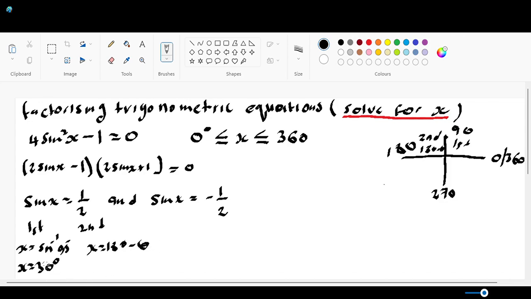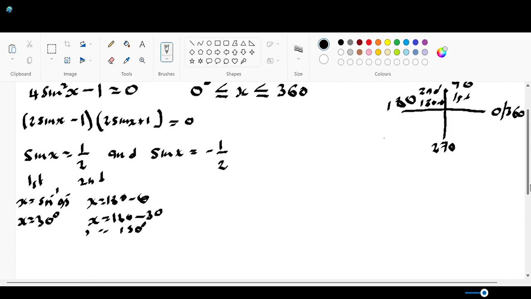So in this case, theta is the same as x here. So you can say 180 minus 30. So 180 minus 30 is going to give us 150 degrees.